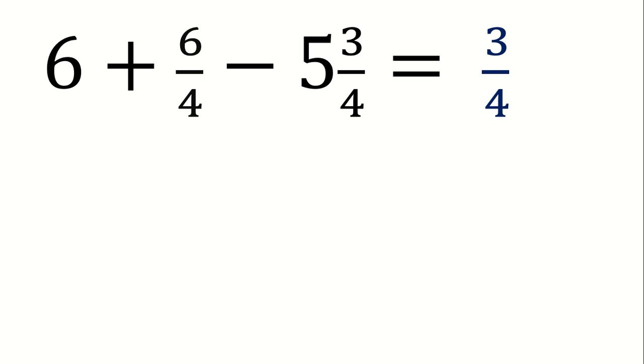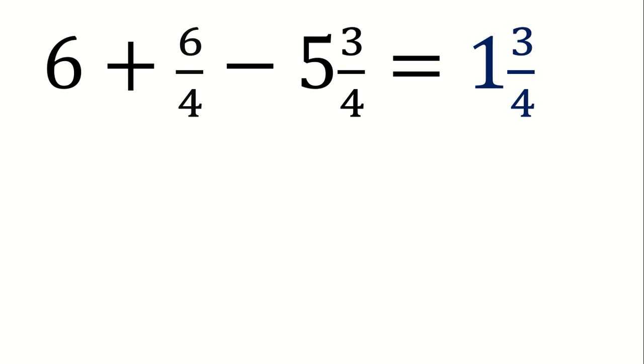And then we can easily subtract the whole numbers from each other. 6 minus 5 gives us the number 1. So here we obtain 1 as the whole part of the mixed number.